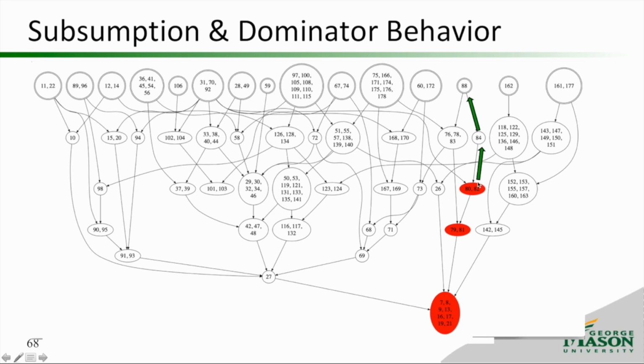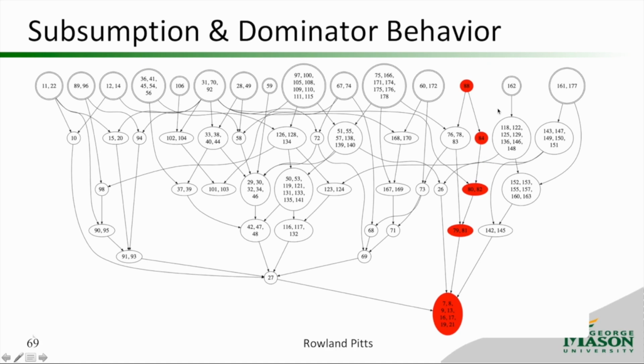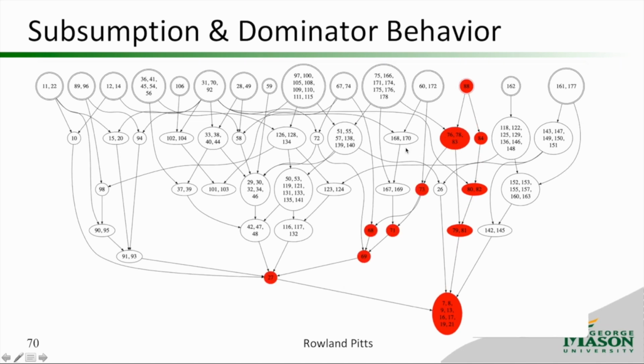If you could, you'd say, well, why not just go right up to the top and grab a dominator and then subsume all those? But of course, it's more than just that line. It's everything that's subsumed by a distinguished node. And you can see with one test that a fairly large swath of mutants are killed.